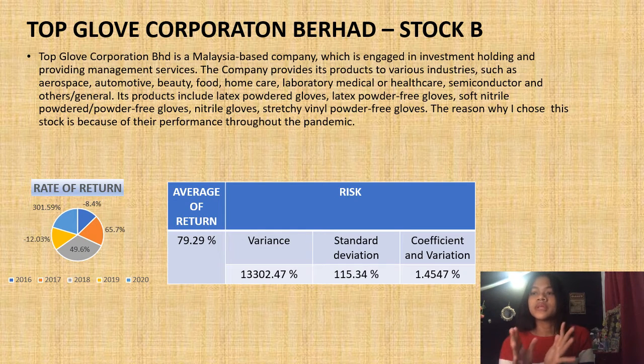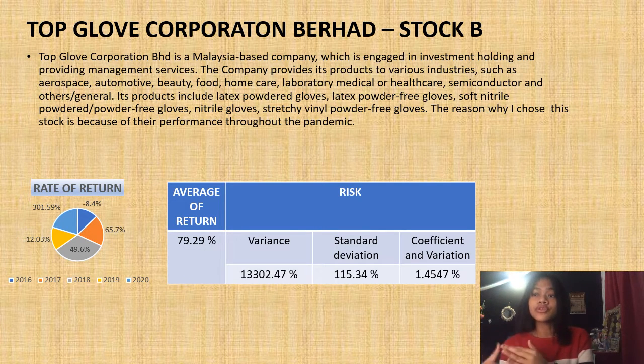Next to the table, you can see there is a pie chart about the rate of return. We simplified it into a pie chart. You can see in 2016 the percentage is quite low, really low, about -8.4%.